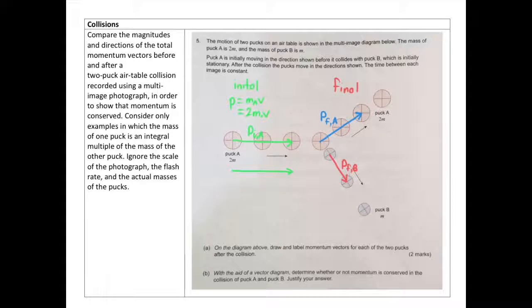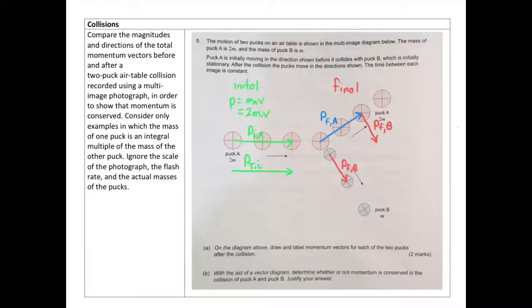So that, if you like, is equal to the total, so T for total, initial momentum. The total final momentum is equal to the momentum of puck A plus the momentum of puck B, which if we look here at this diagram, we draw a line parallel, same length as puck B, we get that.